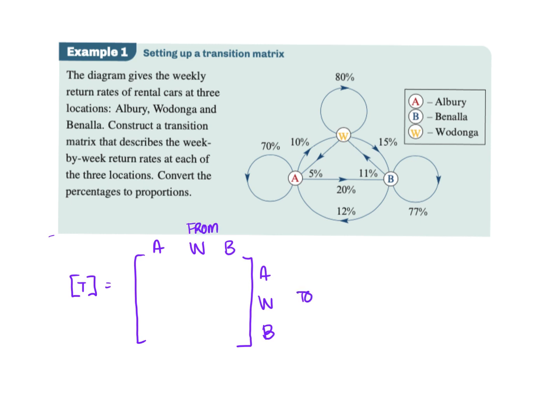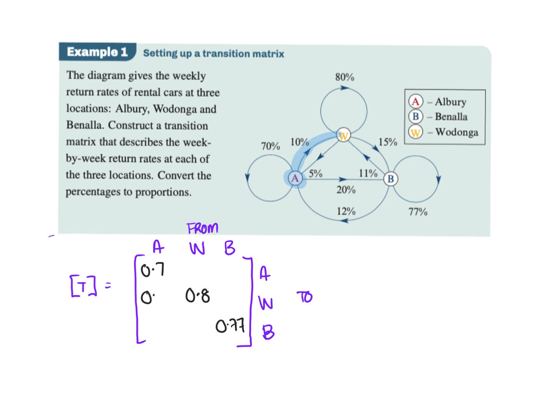As I said, the ones that are to themselves are a lot easier, so I'm going to do them first. I can see Albury to Albury is 0.7. The leading diagonal will be the ones going back to themselves. So W to W was 80% and B to B was 0.77. All right, so let's finish the other ones. If I'm at Albury and I'm going to go to Wodonga, I'm looking for that arrow, and I can see that that's 10%.